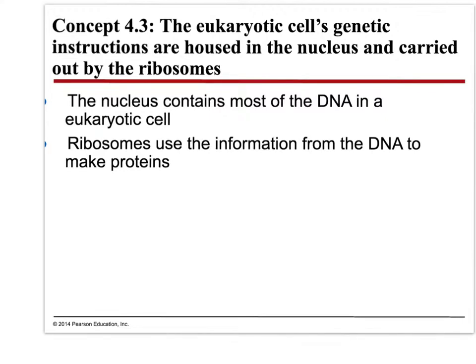Genetic material, which we know is DNA. Okay? So it says the nucleus contains most of the DNA in the eukaryotic cell. Why does it say most and not all? So the question basically is, where else outside of the nucleus will you find DNA?